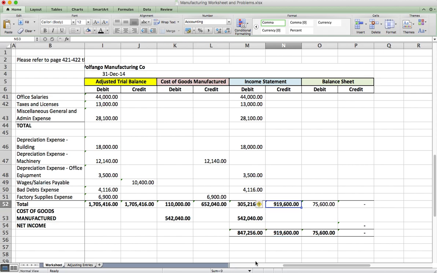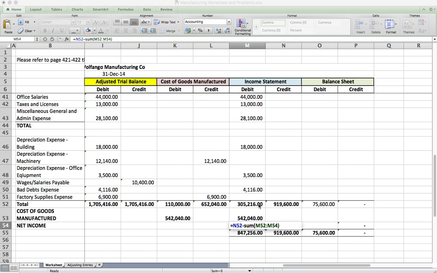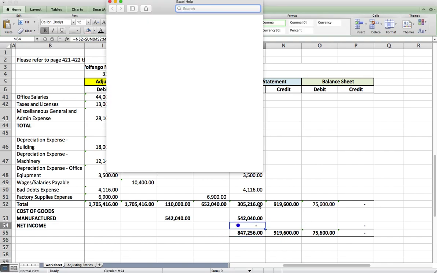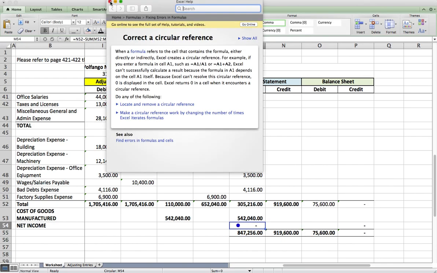Ang credit side ay 919,600. Ang debit side ay total na 305,216 plus the cost of goods manufactured na 542,040. So, how much is the net income? The net income is the difference between the credit side and the sum of the debit side. Bakit?